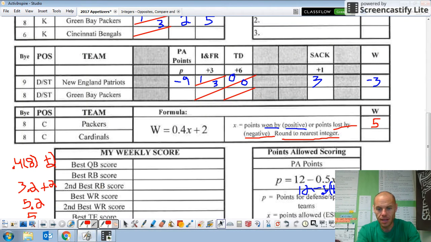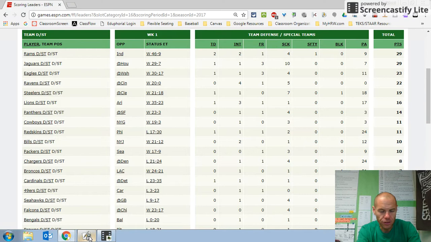So I'll erase that 8 and put in that they lost by 12. I'm going to put in a negative 12 right there. Negative 12. Let me make sure that Cardinals lost by 12.